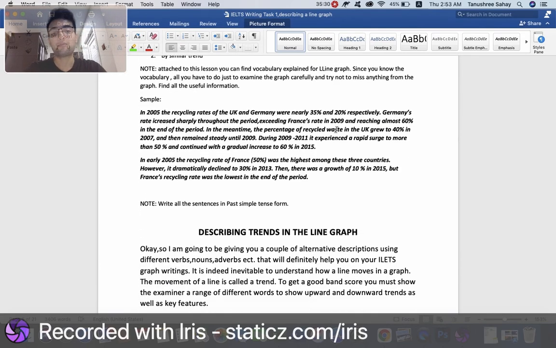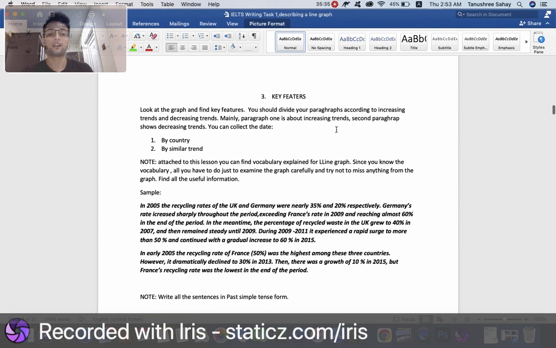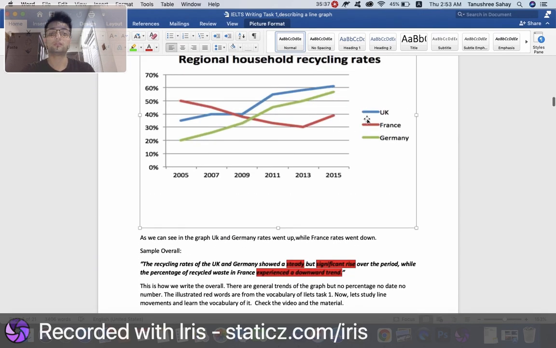In the meantime, the percentage of recycled waste in the UK grew to 40%, as you can see, starting from 2005 up to 2010. It grew about 5% up to 40%.